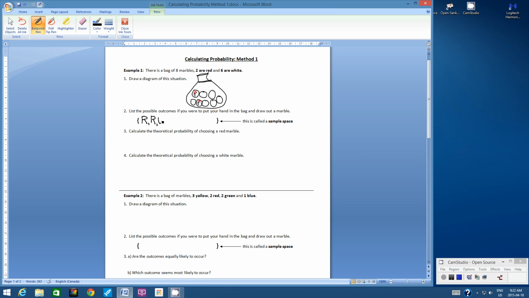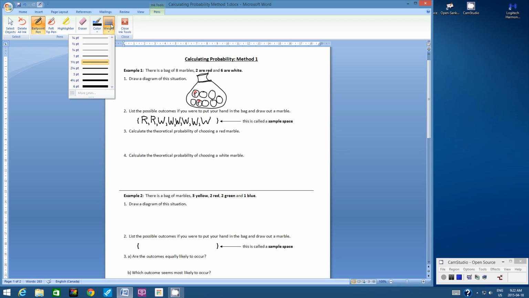Then we could reach in and draw out a white, draw out another white, a third white, a fourth white, a fifth white, and a sixth white. So those are all of our possible outcomes. Okay, there should be 8 in total because there are 8 marbles in the bag. So let's just make sure 1, 2, 3, 4, 5, 6, 7, 8. Okay, this is called a sample space.